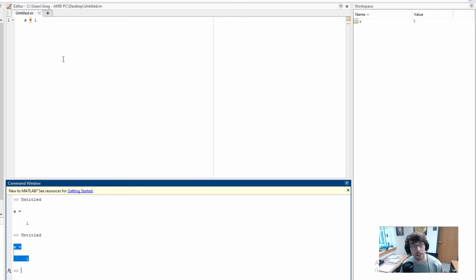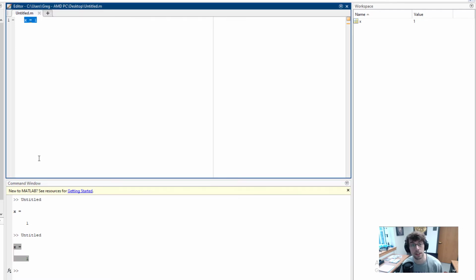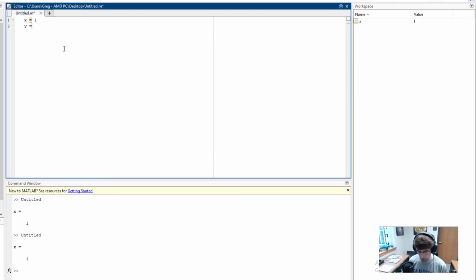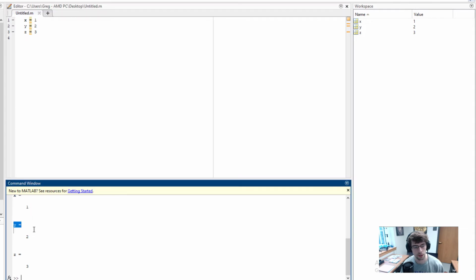Now that's the second thing. It takes the command that I've written in the editor and it outputs it to the command window. So I can execute a series of commands, say y equals 2, z equals 3. And if I hit run, now you see that it says x equals 1, y equals 2, z equals 3.